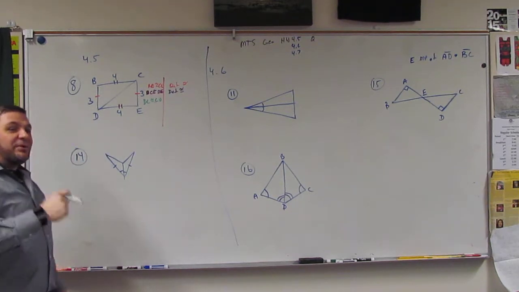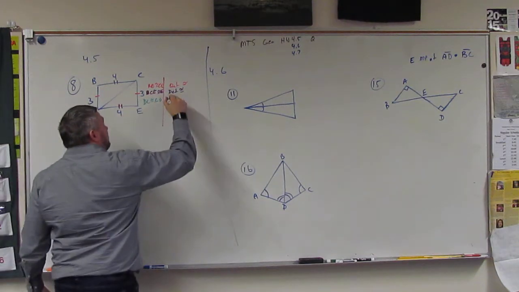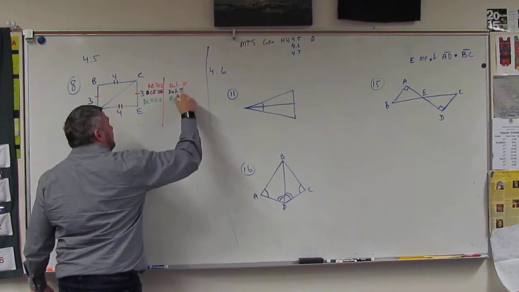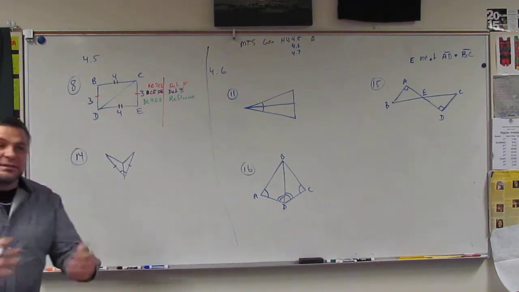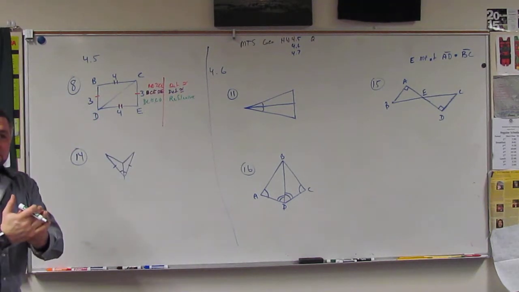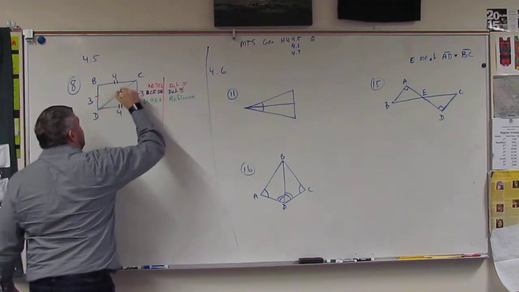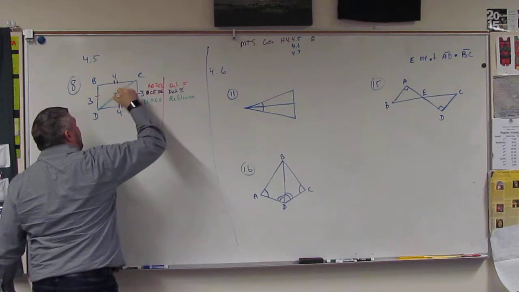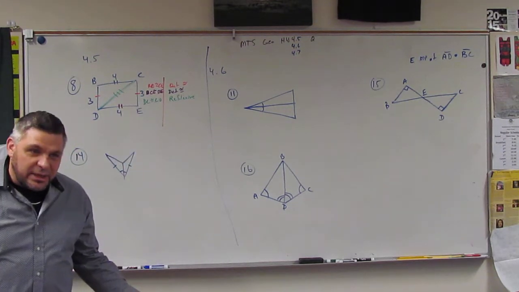Reflection? Yeah, reflexive is what we call it. So this is reflexive, because it's the same line. Because this is the same line, it has to be congruent to itself, doesn't it? Doesn't that make sense?